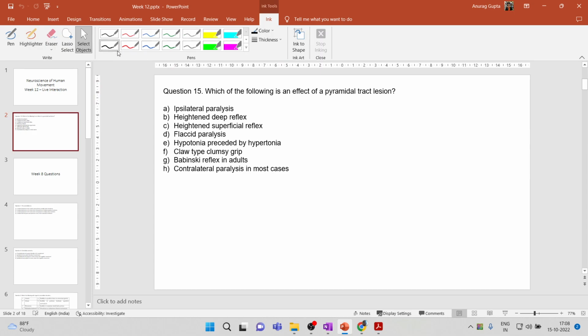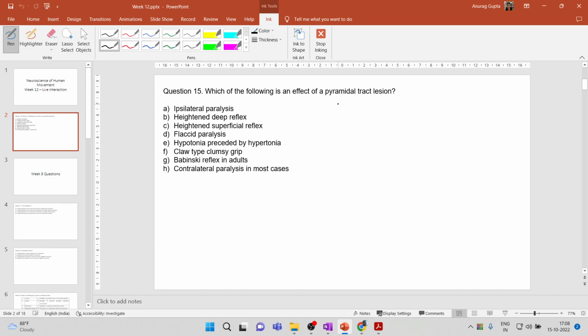First of all, if you recall from last class, a tract is basically a set of neurons that is going from one part of the central nervous system to another. So all the neurons from the cortex that go to the spinal cord and which go to the brainstem together are called the pyramidal tract.